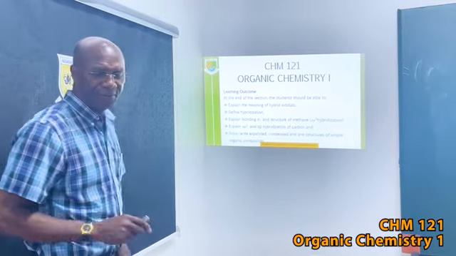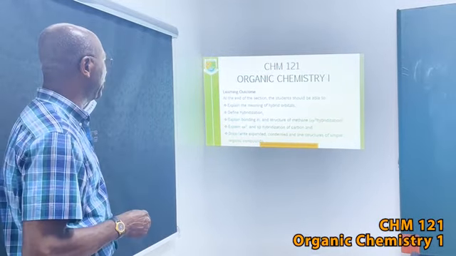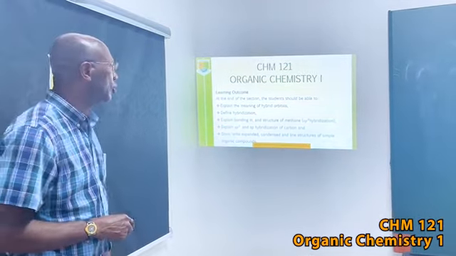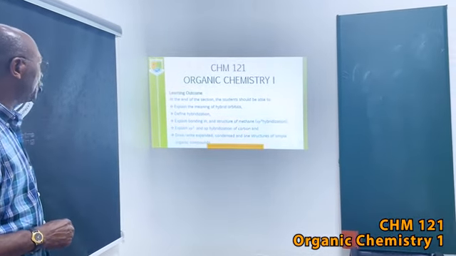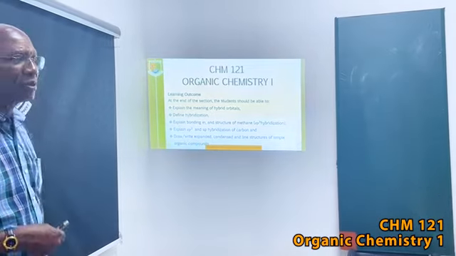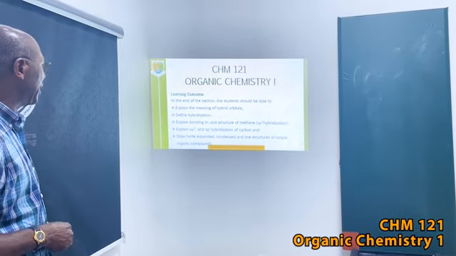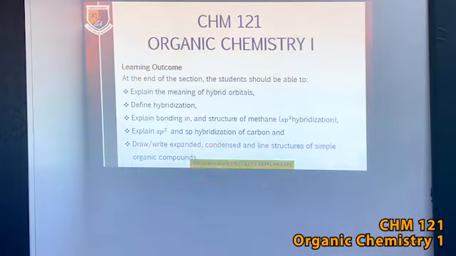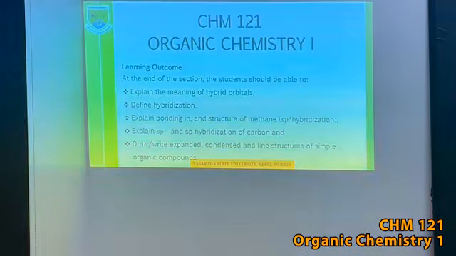At the end of the lecture today, you should be able to explain the meaning of hybrid orbitals. You should define hybridization and explain it. And explain bonding in and structure of methane, the simplest hydrocarbon.